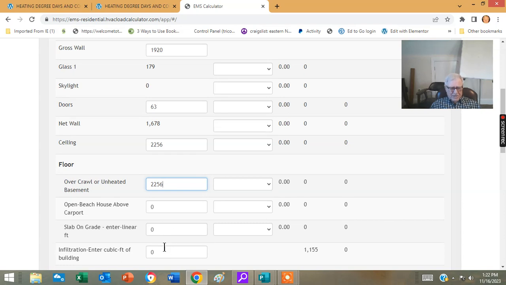Okay, the next question they're asking down here is what's the cubic feet of the house. Now that's where we've got to get volume. Remember, the volume equals the area times the average ceiling height. The area is 2256 times 8 feet high, which comes to 18,048 cubic feet.